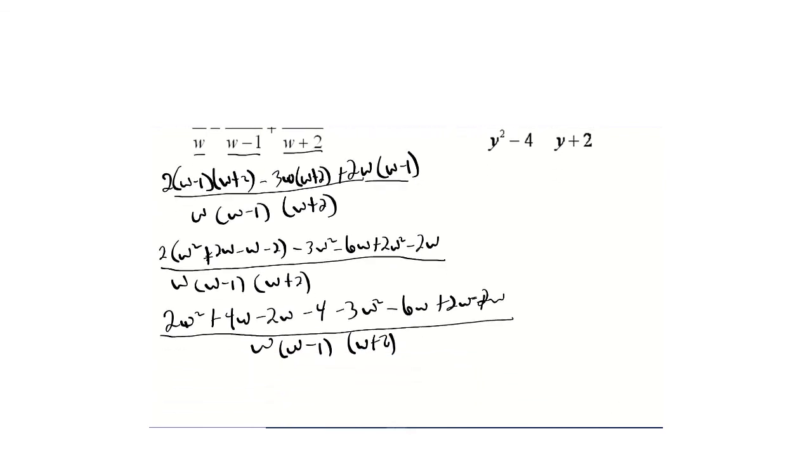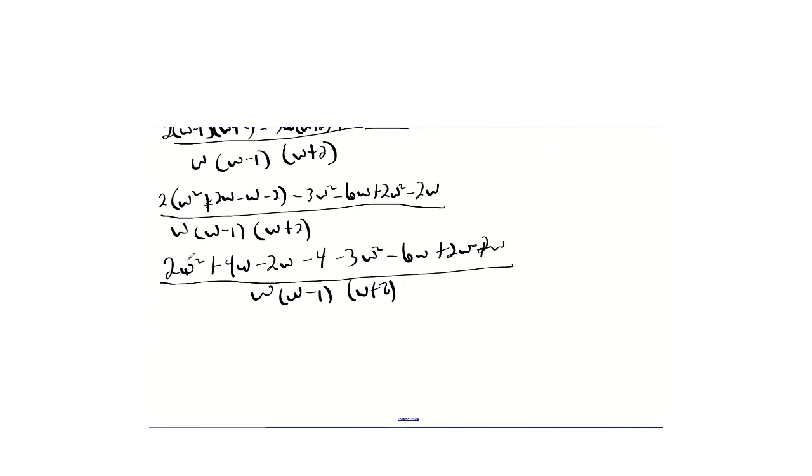And now we're going to collect like terms. 2w squared, take away 3w squared, negative w squared. 4w, take away 2w, that's 2w. Take away 6w, that's a negative 4w.